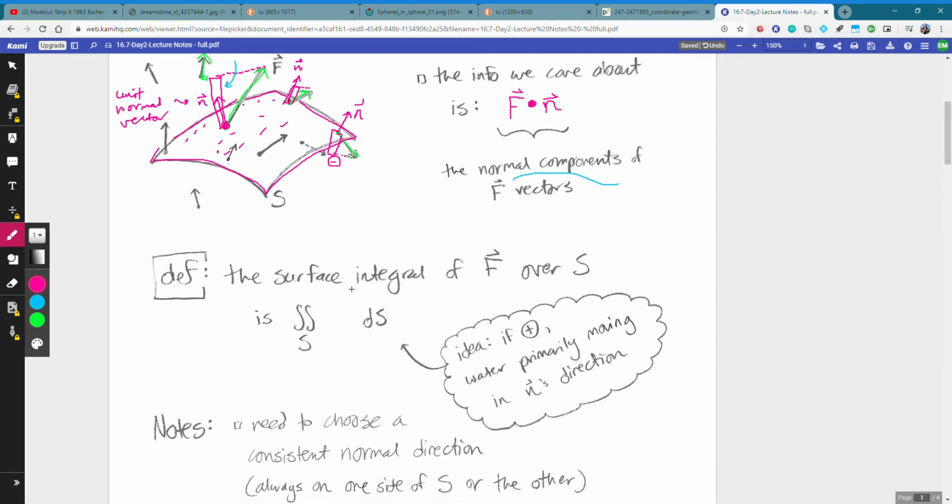So we say that the surface integral of a vector field over a particular surface is the surface integral where we go through and add up at each point the normal component information, F dot n.